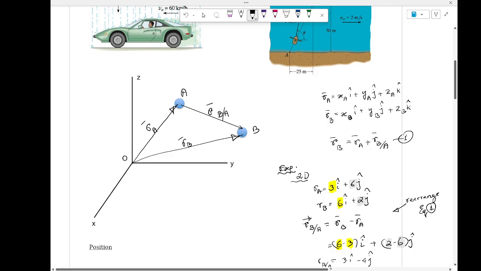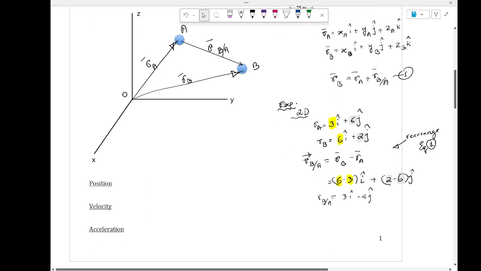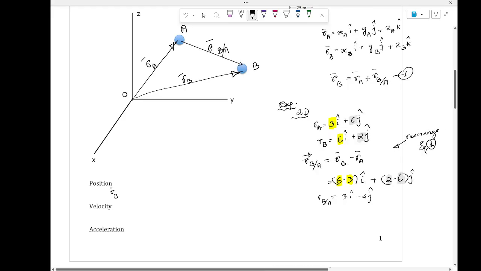So relative position, and you probably already understand in the back of your mind that you have to do it for relative velocity and relative acceleration, right? This goes in the same way. Everybody? All right, perfect. So then I'd like to rewrite this way. RB, just equation 1. I'm writing equation 1 in case you're wondering.